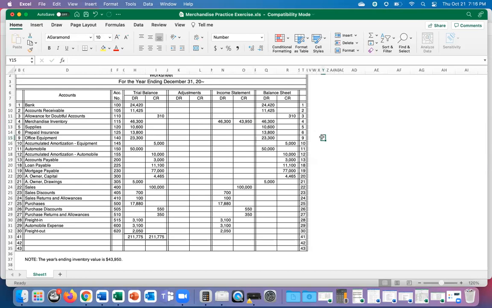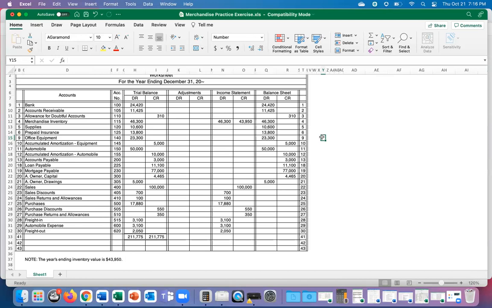Step number 1 was moving the stuff into the balance sheet and income statement sections. And step 2 was putting the year's beginning inventory and the year's ending inventory into the income statement there. All right, so that's the end of step number 2.